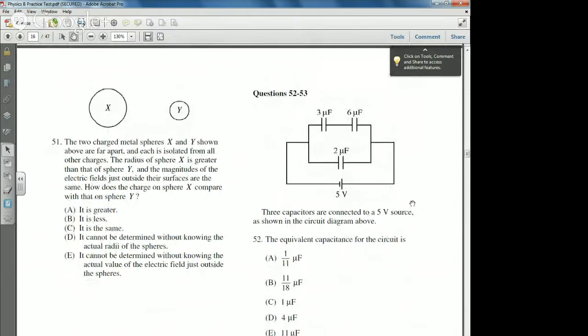51. Two charged spheres have the same amount of electric field just outside their surface. But how is the charge on X compared with that of charge on Y?